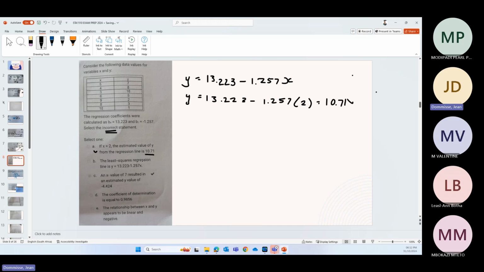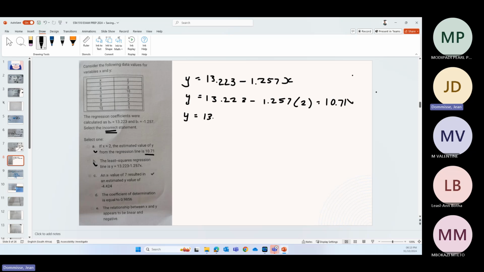The least square regression line is 13.223 minus 1.257x. That is correct, we're looking for incorrect. An x value of 7 results in that, so we just need to replace x by 7.